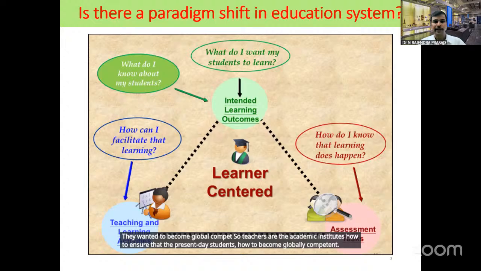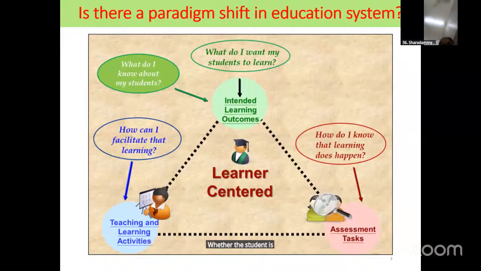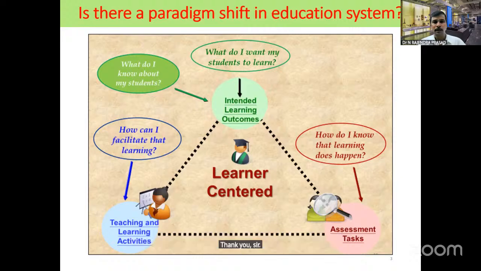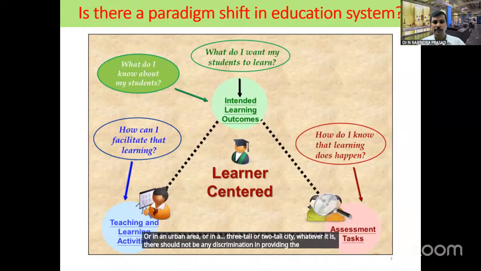They should not be denied any opportunities given at the global level. Whether the student is learning in a higher education institution located at a remote place or in an urban area or in a 3-tier or 2-tier city, whatever it is, there should not be any discrimination in providing quality education.